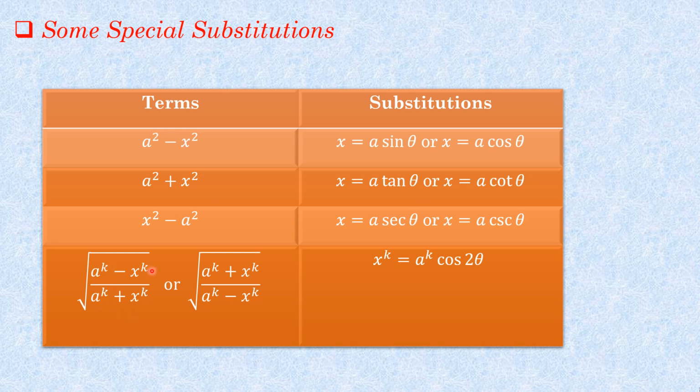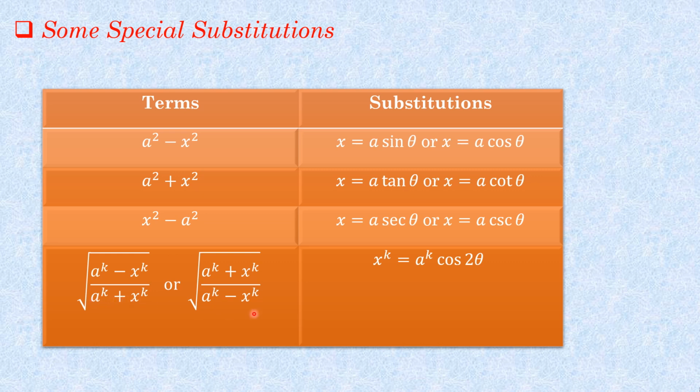So k is a constant number, a is already a constant, x is the only variable. In all cases where both terms are present at a time, with positive and negative, either numerator positive and denominator negative, or numerator negative and denominator positive, that is not a matter. But both terms should be present at a time, as well as the square root sign, and these terms should be inside an inverse trigonometric function.